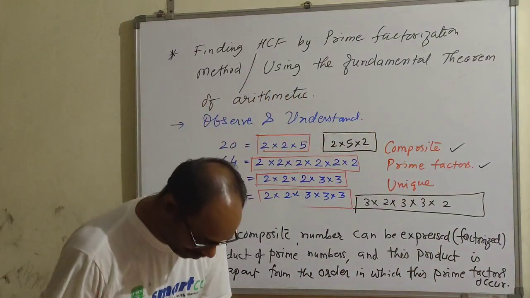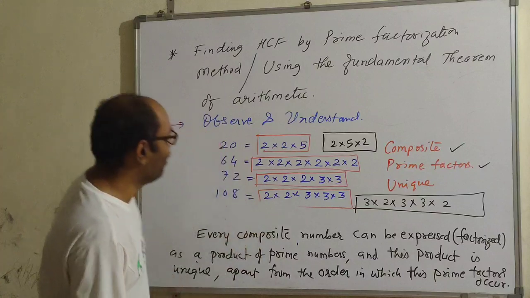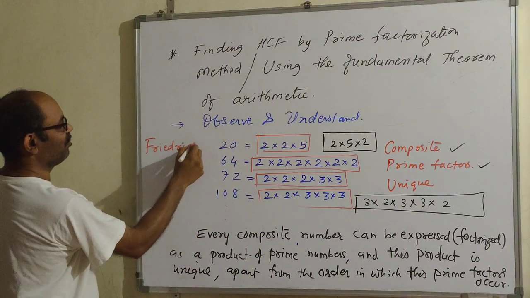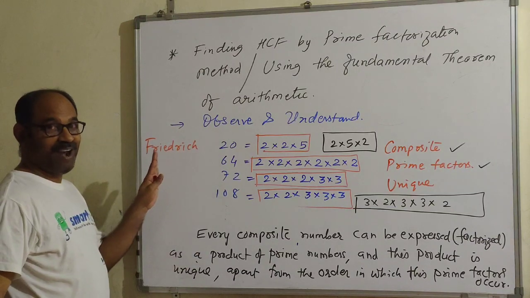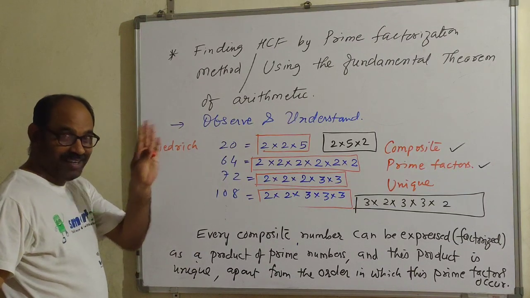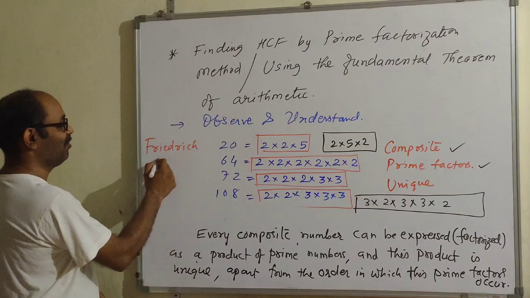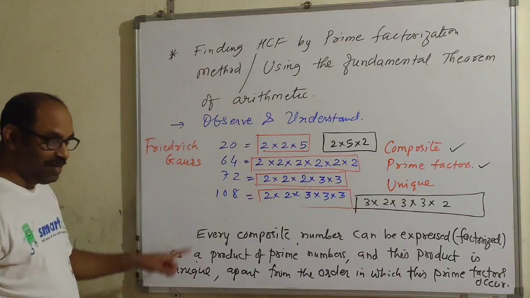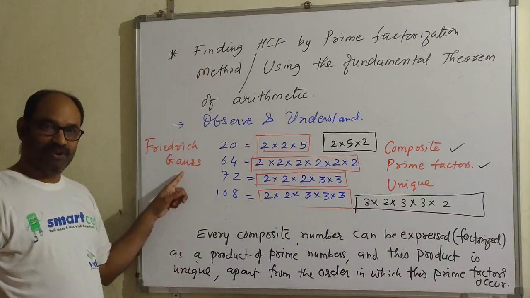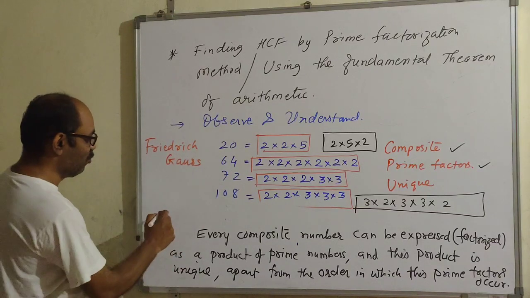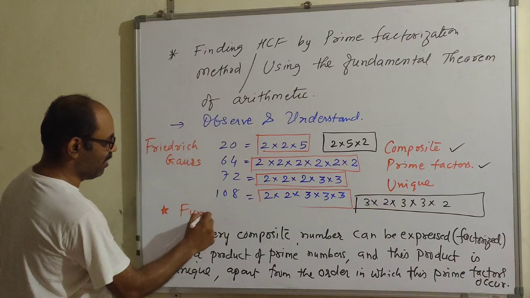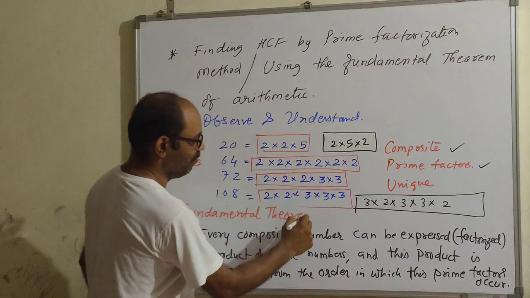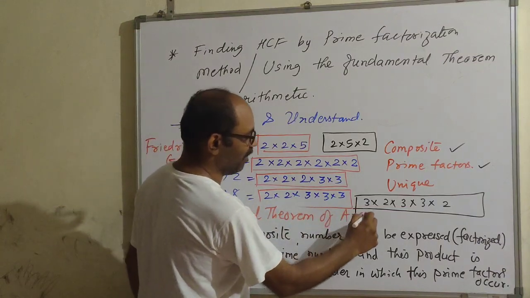So that was the statement given by Friedrich, not fried rice, huh? No more Chinese things now. Friedrich Gauss. This statement was framed by Friedrich Gauss, and it came to be known as the fundamental theorem of arithmetic.